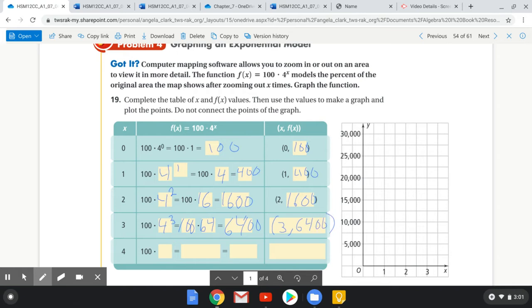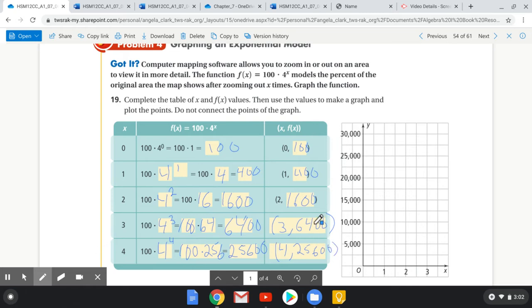And then our last point here is when x is 4, so we have 100 times 4 to the fourth power. 4 to the fourth power is 256. So this is 100 times 256. If we multiply those together, we get 25,600. So our last point is going to be at 4 and 25,600.